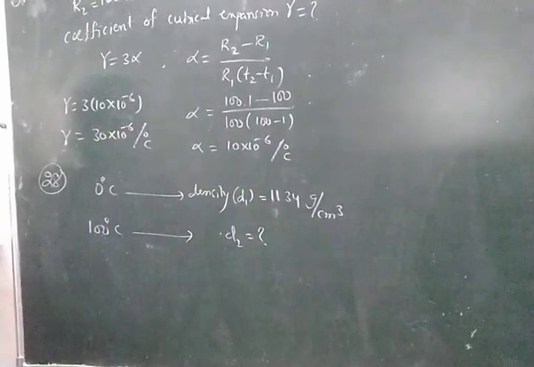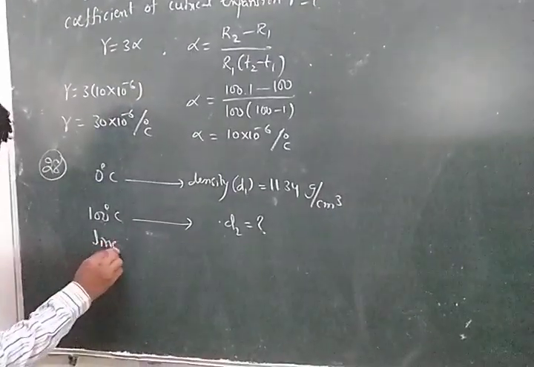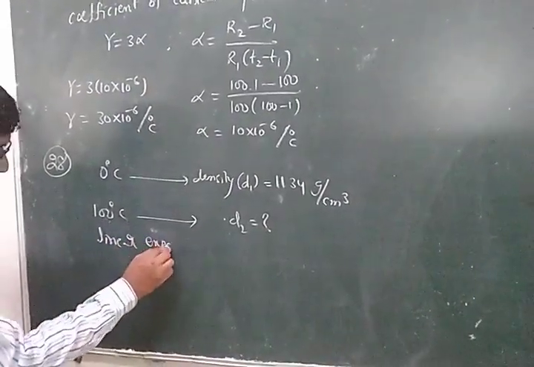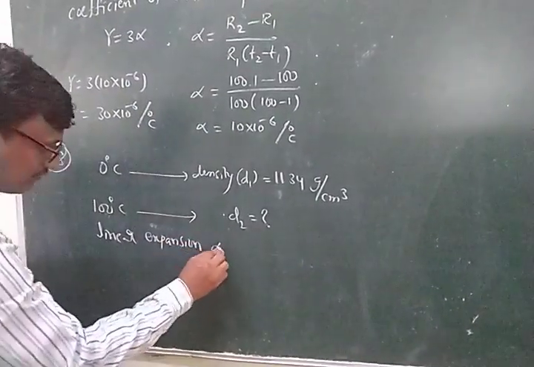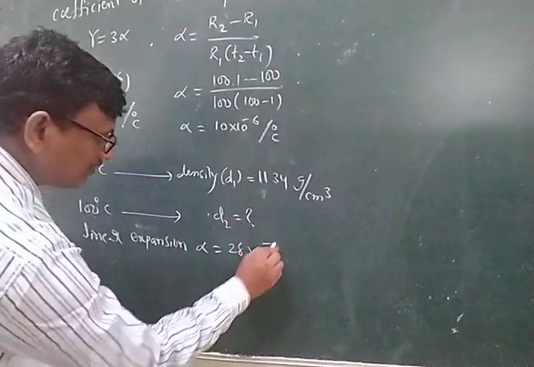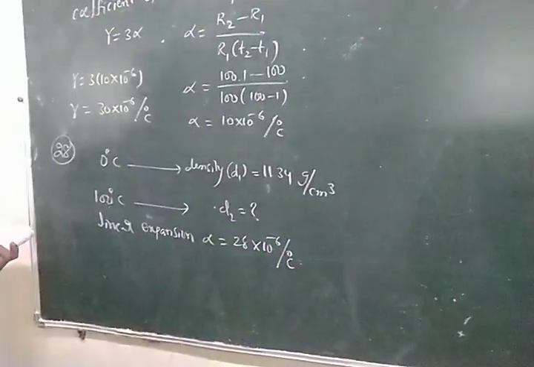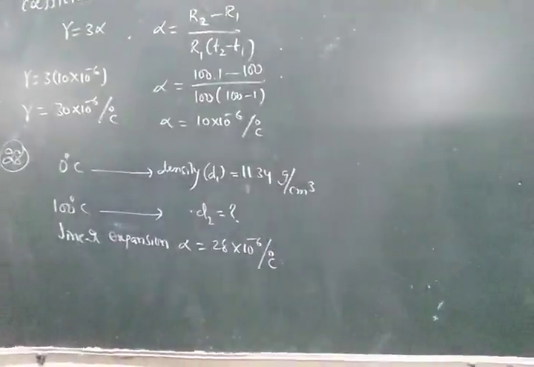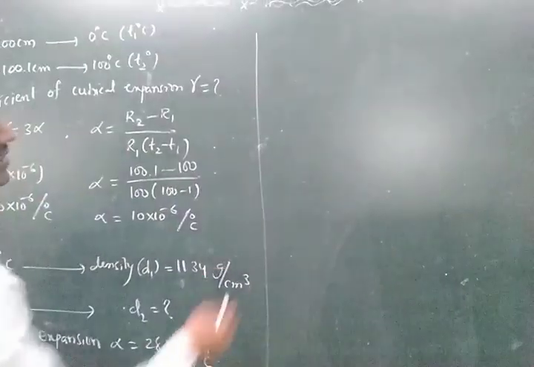And here the linear expansion alpha is given as 28 into 10 power of minus 6 per degree centigrade. Again we know the formula for the linear expansion. What is the formula?